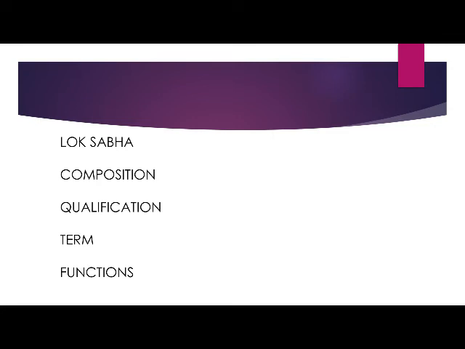Sometimes the President withholds the bill, but again certain alterations are made in the existing bill by the Lok Sabha or the Rajya Sabha, then the President will accept with changes, and the same bill will be known as the law, the statute or the enactment. So the Lok Sabha has the power to pass any law falling under the union list as well as the concurrent list.